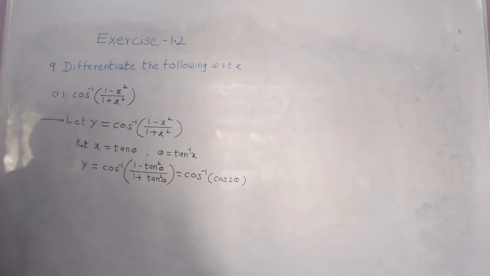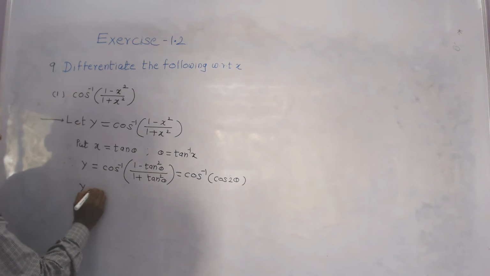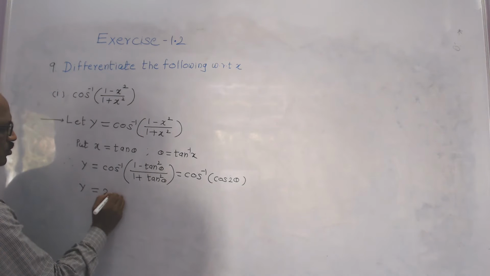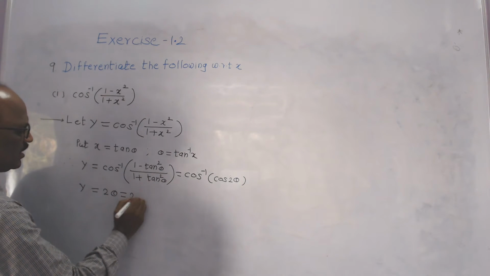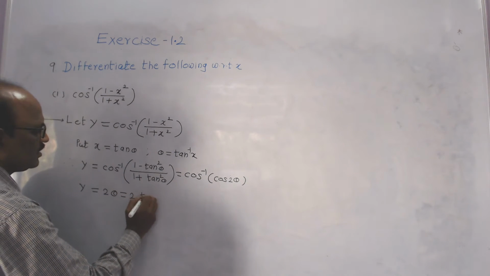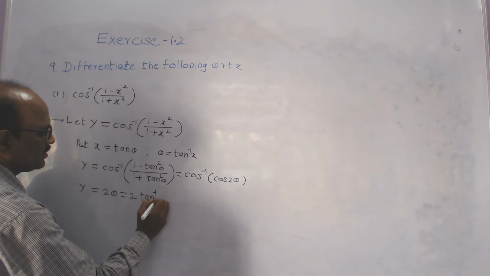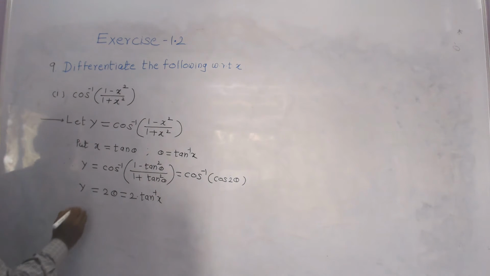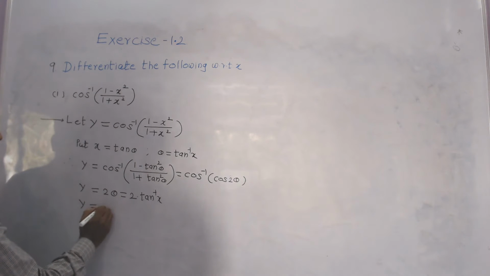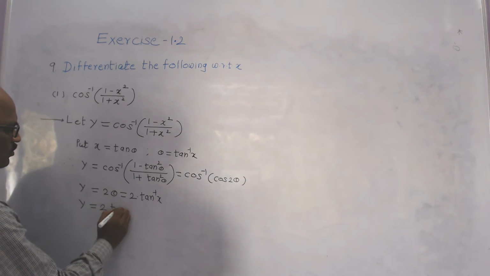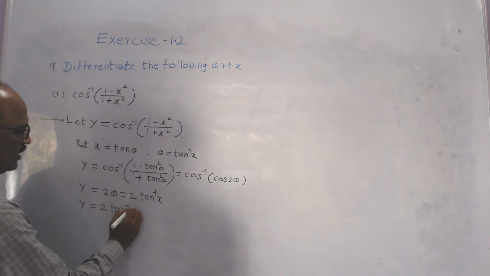Now cos inverse of cos 2 theta means y equals 2 theta. But what is theta? Theta is tan inverse of x. Therefore y equals 2 tan inverse of x.